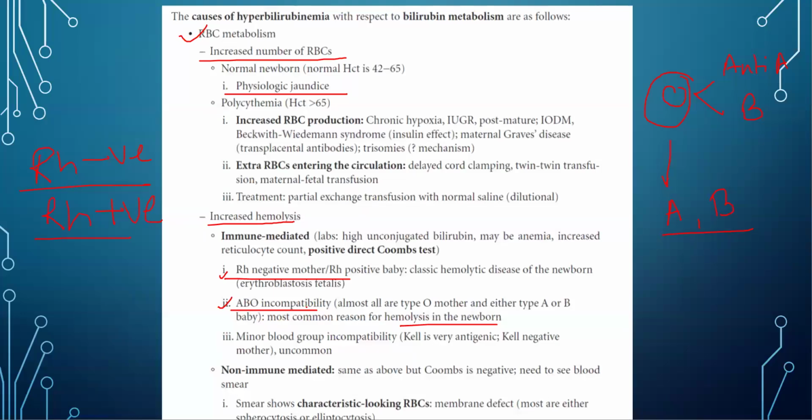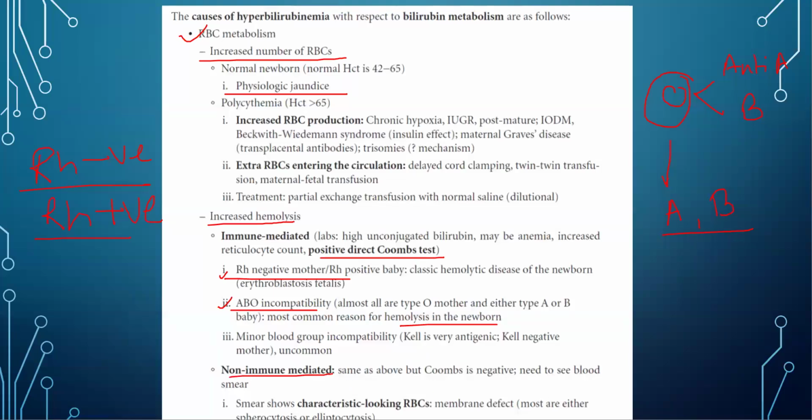If hemolysis is there, then the direct Coombs test will be positive. So if you have immune-mediated hemolysis, which is Rh isoimmunization and ABO incompatibility, the direct Coombs test will be positive. That is one way to know.